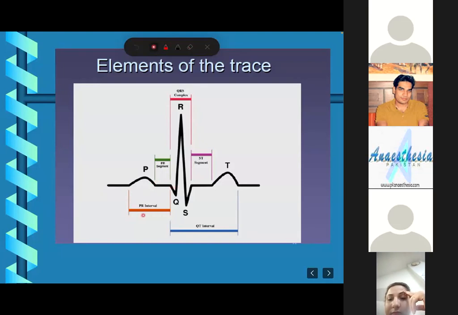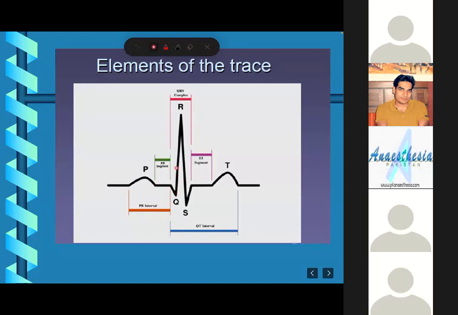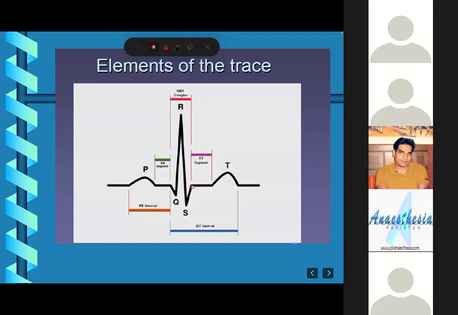What is important is the PR interval, from the start of the P to the start of the R. Then comes the Q wave, the first downward deflection. Then the upstroke is the R wave, and the second downstroke is the S wave. We call it the QRS complex.